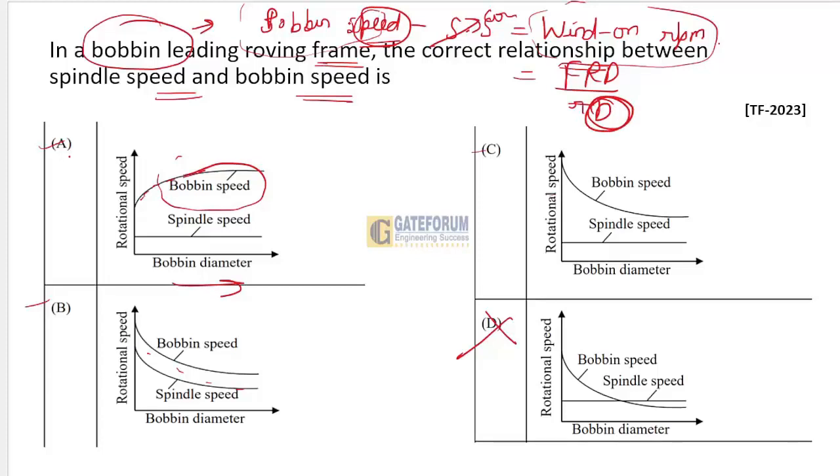In these cases, as the diameter increases, the bobbin speed should be lower and the spindle speed should be constant, because it is a bobbin leading roving frame. Here the bobbin speed is also increasing, so it is not the correct answer. Option C is the correct answer, where bobbin diameter increases, the bobbin speed decreases and the spindle speed is constant. So option C is the correct answer. I think it is clear.